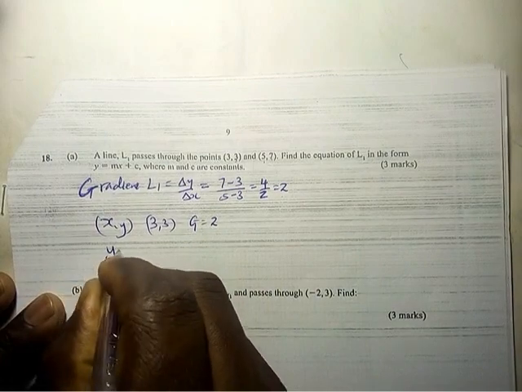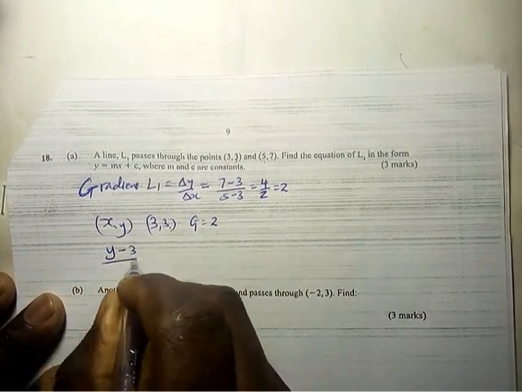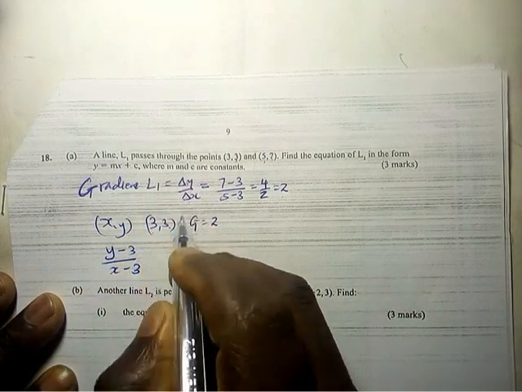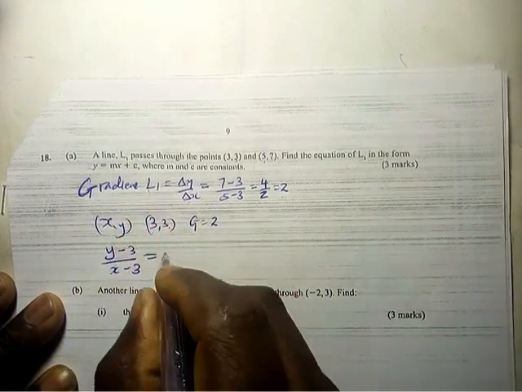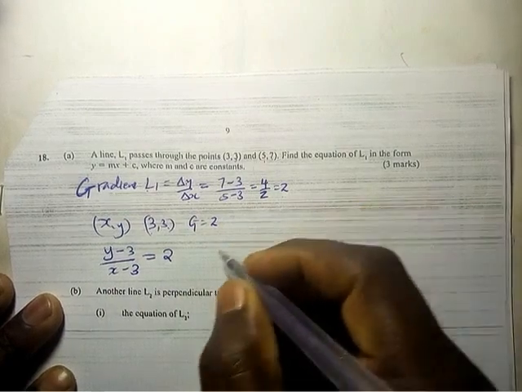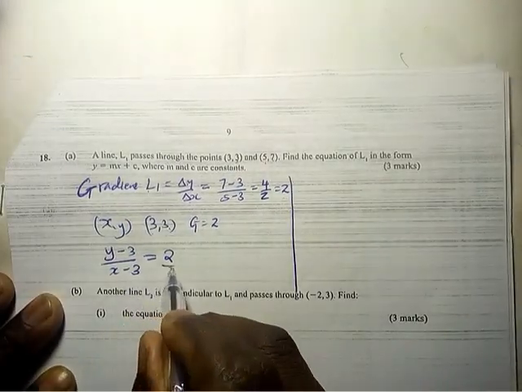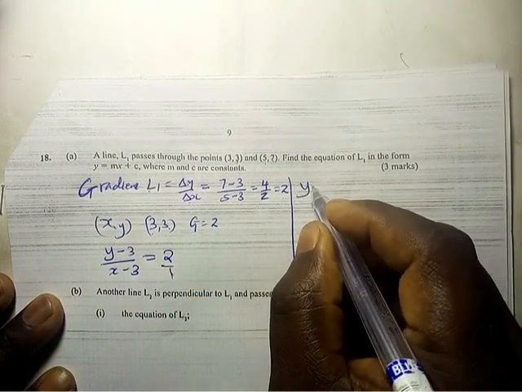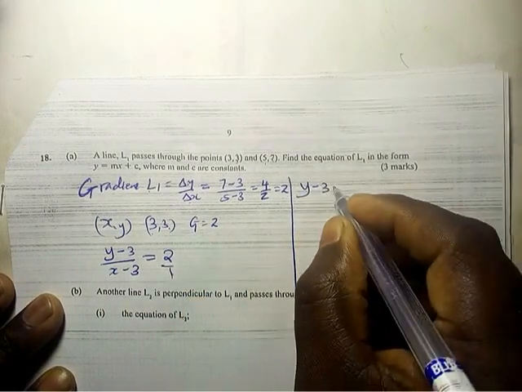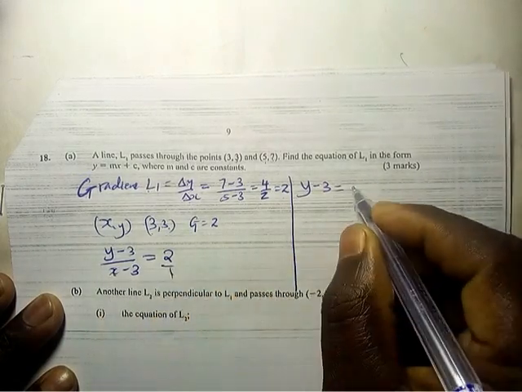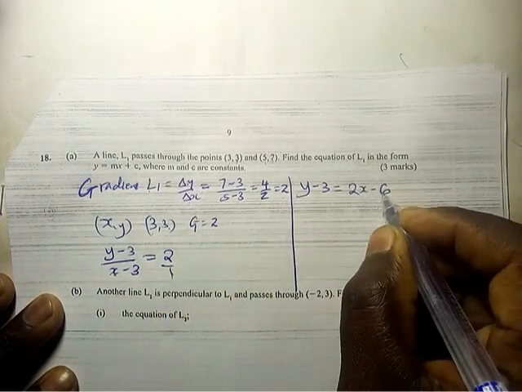So we say (y minus 3) over (x minus 3), that is change in y over change in x, is equal to the gradient, which is 2. So we cross multiply: y minus 3 is equal to 2x minus 6.